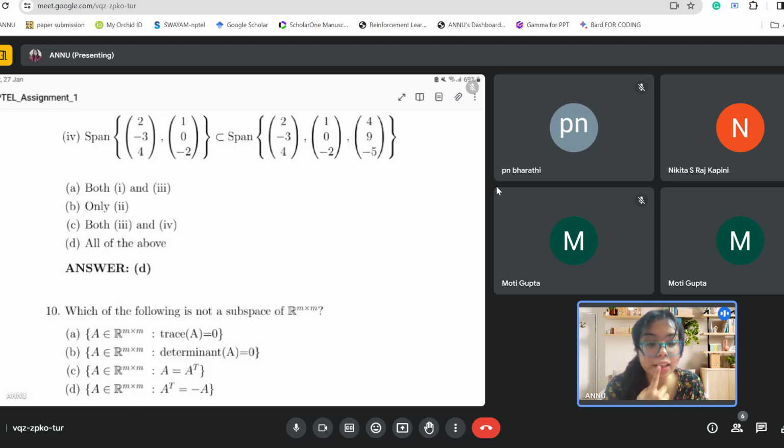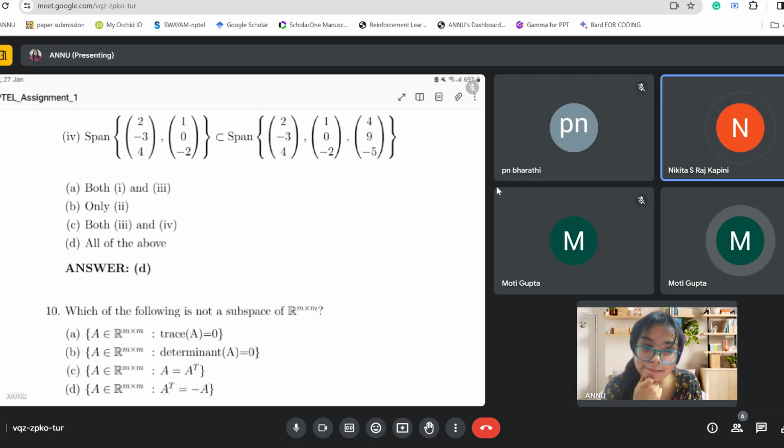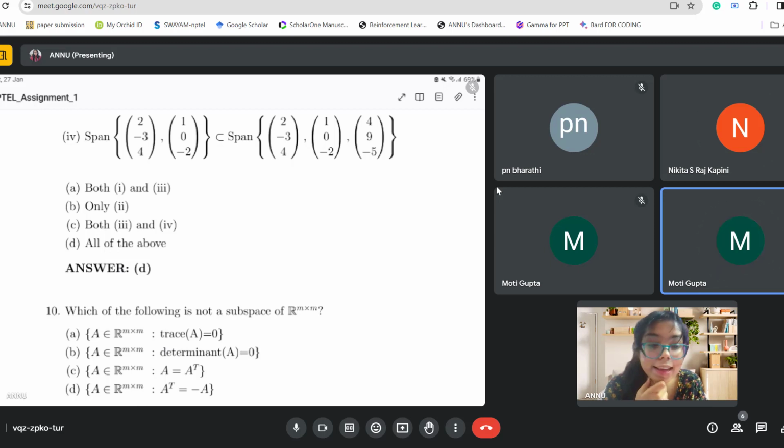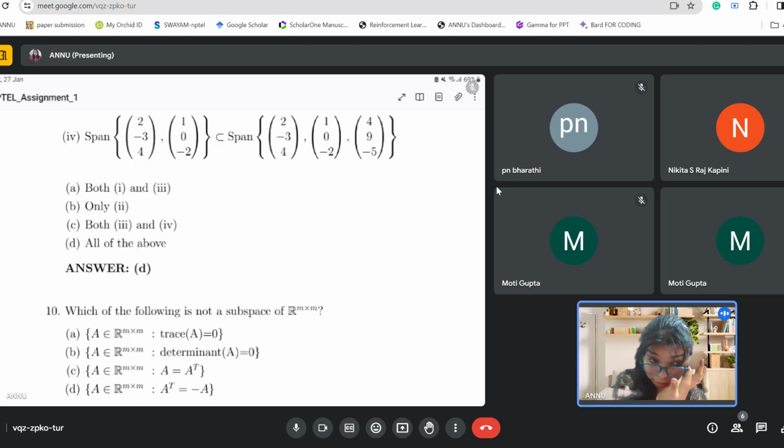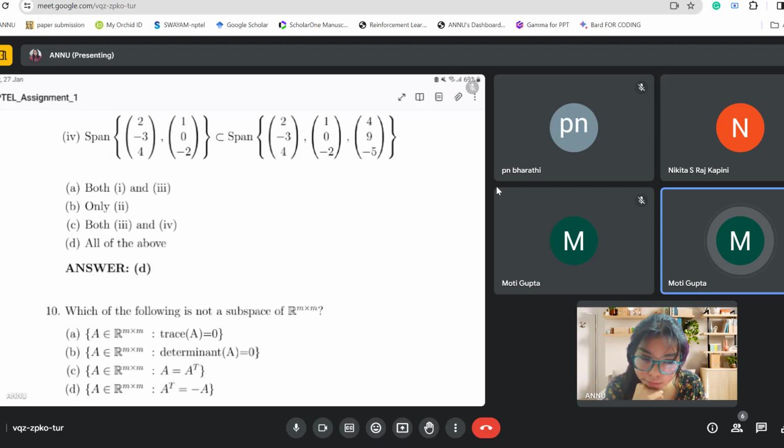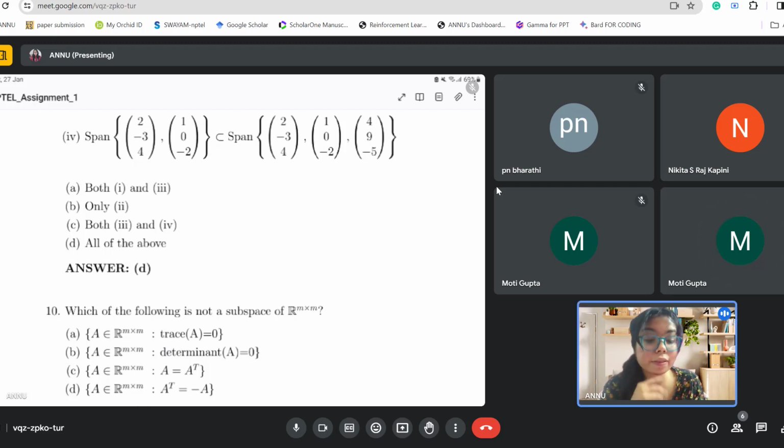I want to ask one thing: does anyone want to pursue research in the future? Thank you, ma'am, for the introduction. Sure, Nikita, please go ahead. Moti, do you want to pursue research in the future? Yes, ma'am. What is your background? I have just completed my BE in computer engineering from Thapar University, Patiala. It's a good opportunity to join after BTech.